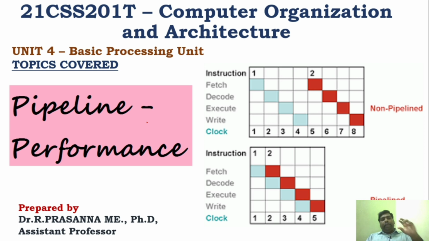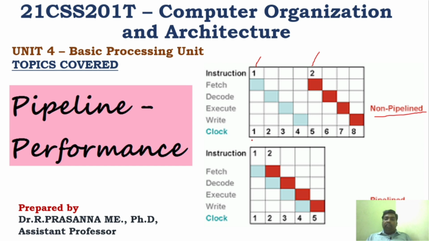Before starting with the pipelining performance, you have to understand why pipelining is very important for the processor. If you take any particular CPU, look at this diagram. If it is not a pipelining processor, at the end of the fourth clock cycle, this is instruction 1 and this is instruction 2.